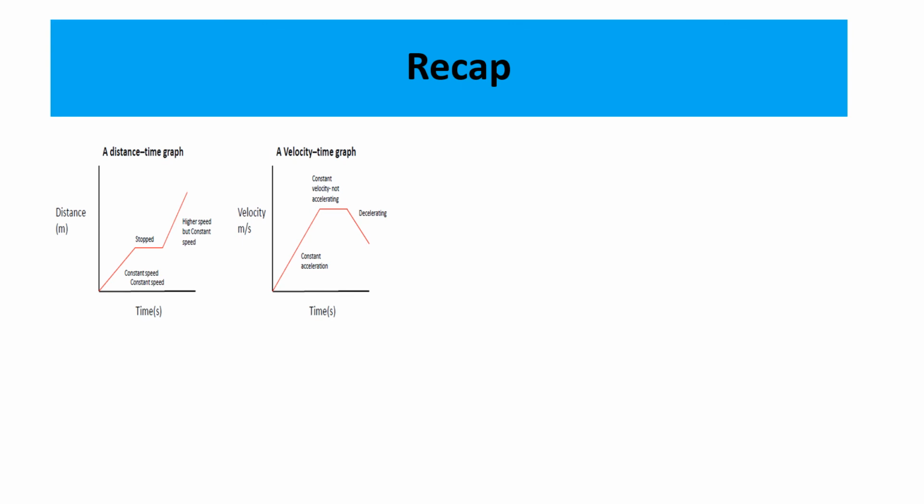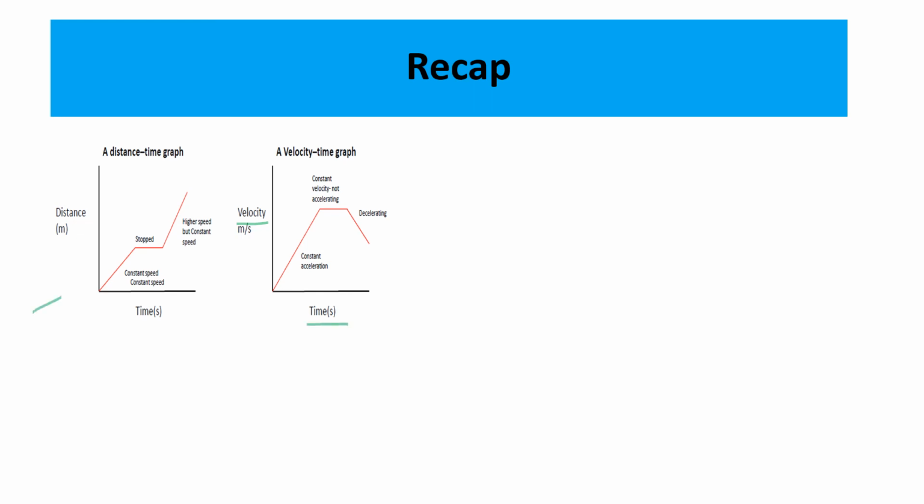Let us revisit the graphs that we learned today. In distance time graphs, we understood distance is plotted on the y-axis and time along the x-axis. And in velocity time graph, you will plot velocity along the y-axis and time along the x-axis.